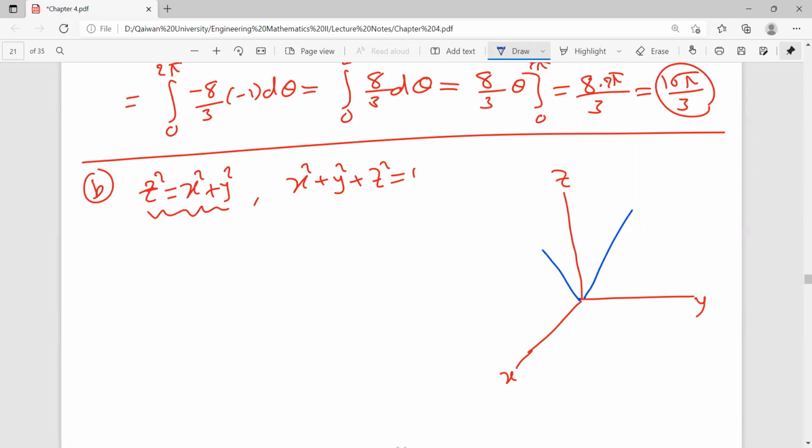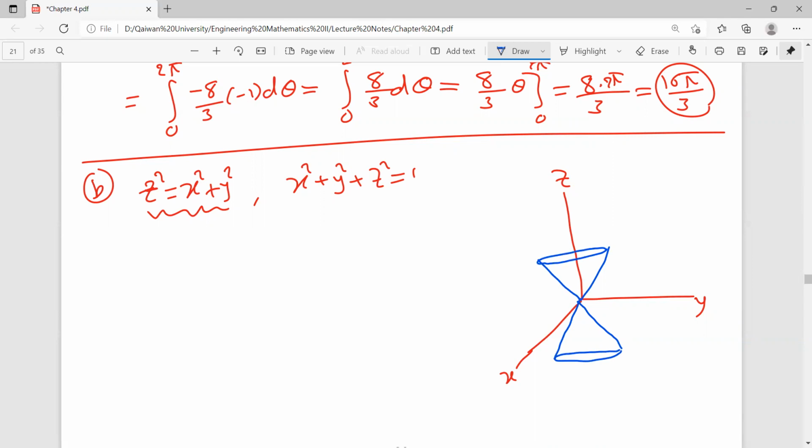This part and this part. This is the cone, the graph of z squared equals x squared plus y squared.